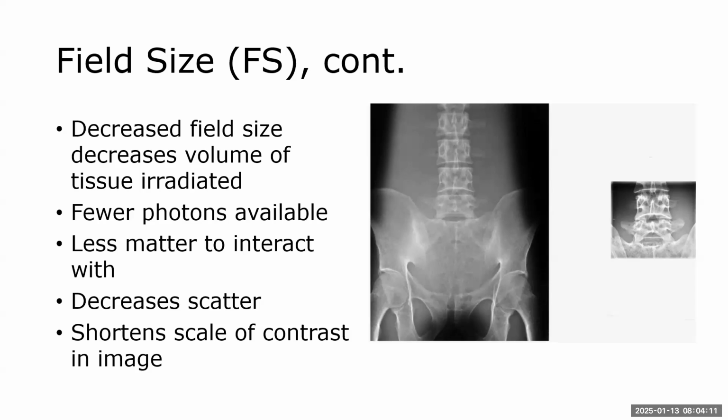It goes up, right? So what's happening here is we have narrowed down the field size, so we have less matter, less scatter reaching the IR. Therefore, contrast is going to go up, display contrast. Shorter scale means more black and white.